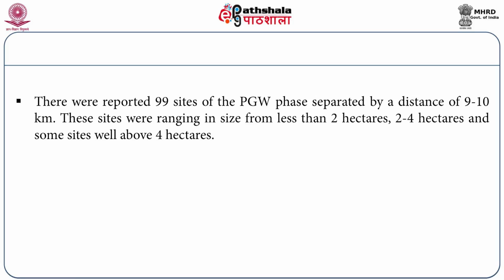These sites ranged in size from less than 2 hectares to 2 to 4 hectares in area. Some of the sites were more than 4 hectares. Naturally, these settlements needed sufficient area around them for cultivation. That is why they left the space around these settlements so that they could produce enough food for feeding the people who were settled at this particular site.